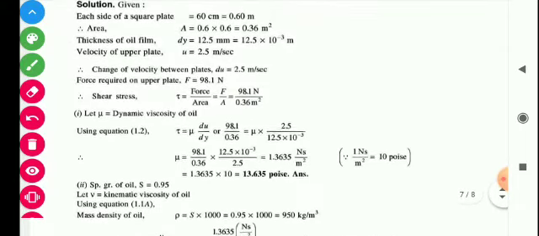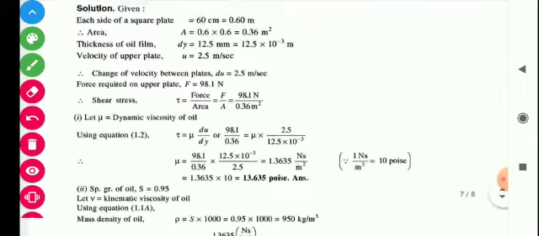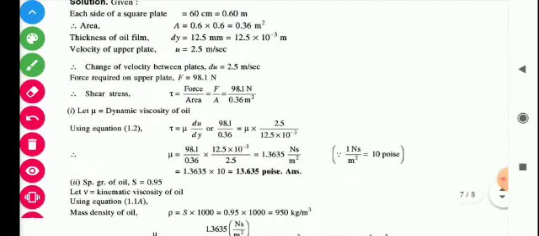Now moving toward part 1, mu, we need to calculate dynamic viscosity, or simply viscosity, because normally we call dynamic viscosity simple viscosity. So the formula is tau equal to mu du by dy.